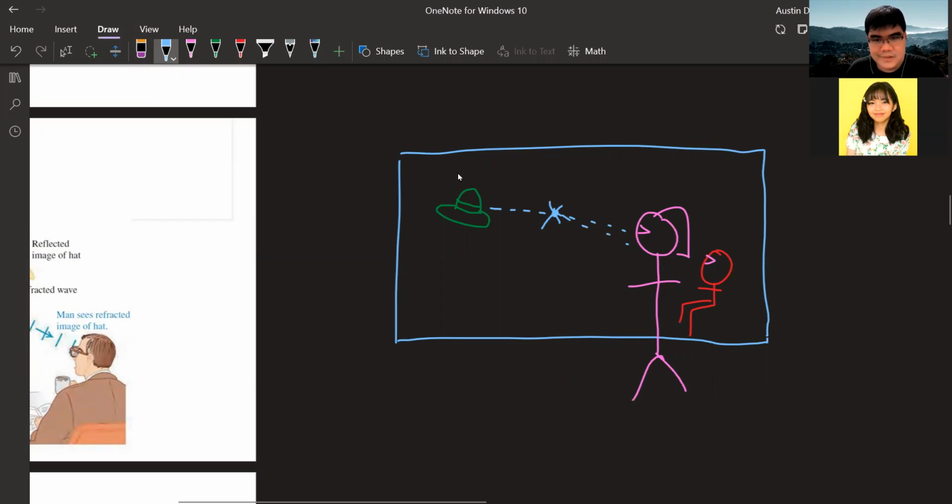Okay. So, this one is the incident, this one is the reflected, and this one is the refracted.